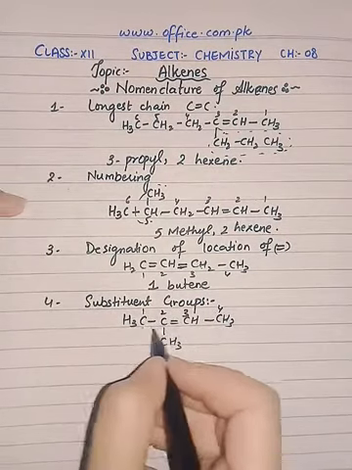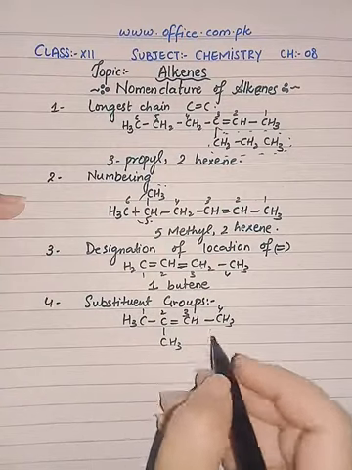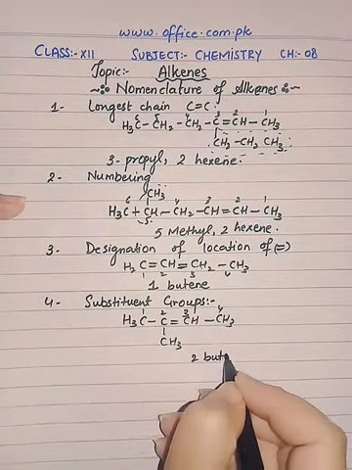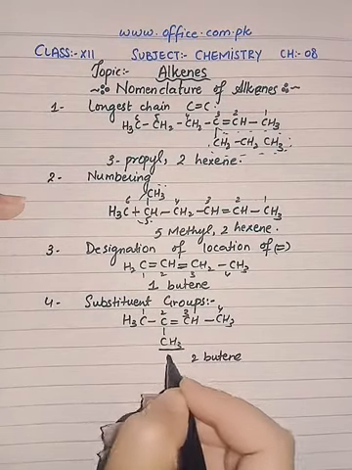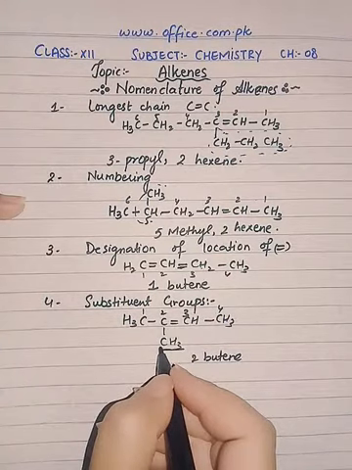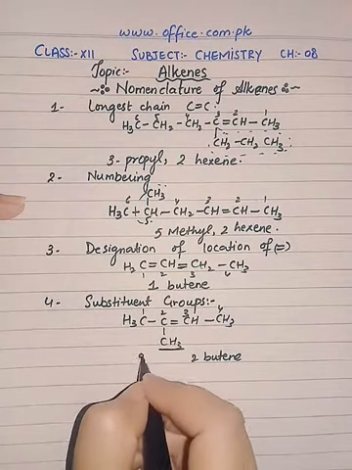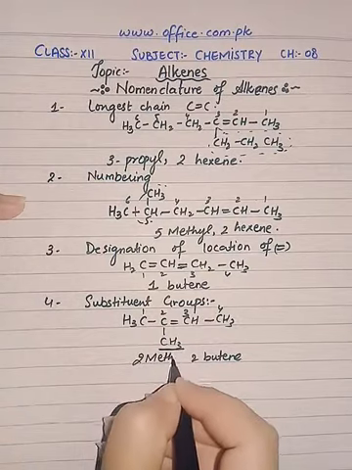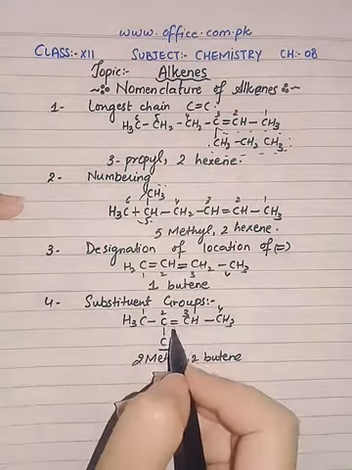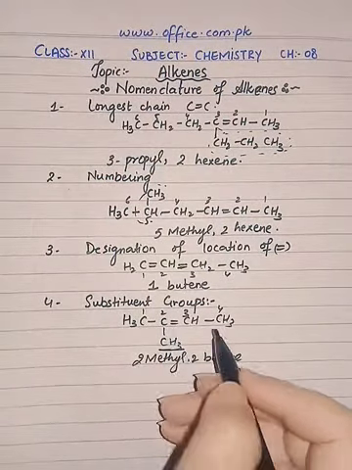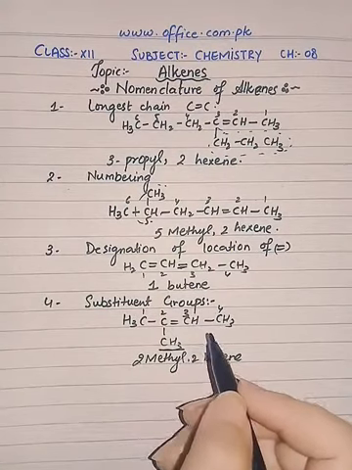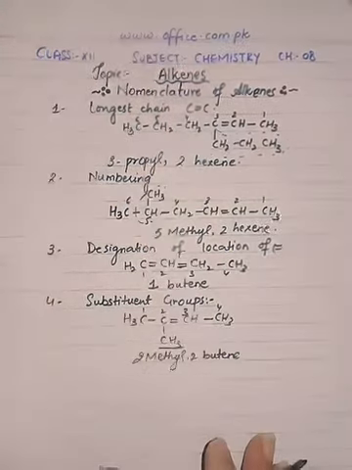Now first of all, let's name the chain. It will be 2-butene, and the functional group is attached at carbon number 2. It will be 2-methyl 2-butene. For example, if in case there are multiple functional groups, how will you name them?